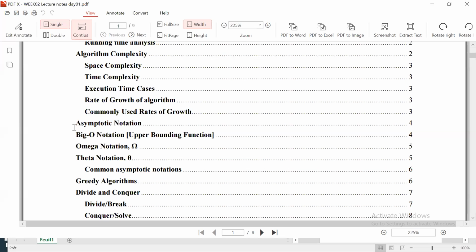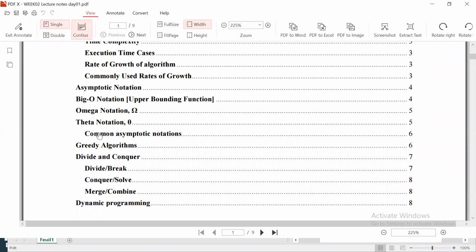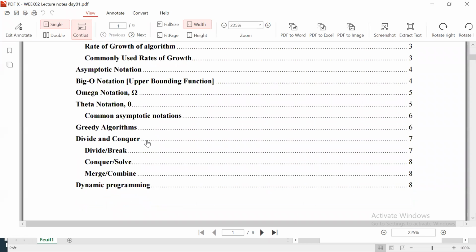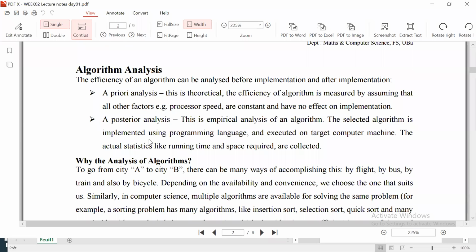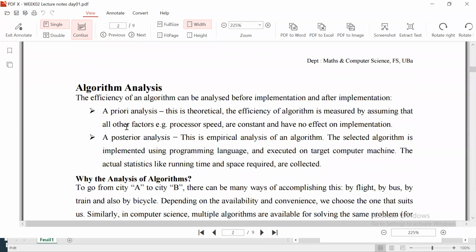Then we'll look at asymptotic notations of algorithms, okay? The big O notation, the omega notation, and the theta notation. Then we'll look at some common algorithms: greedy algorithms, divide and conquer algorithms, and dynamic programming.